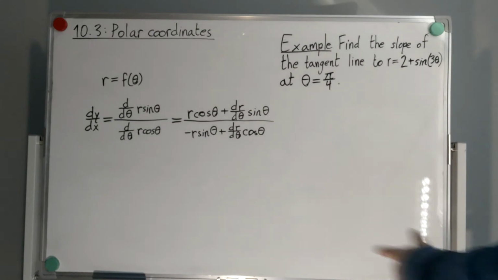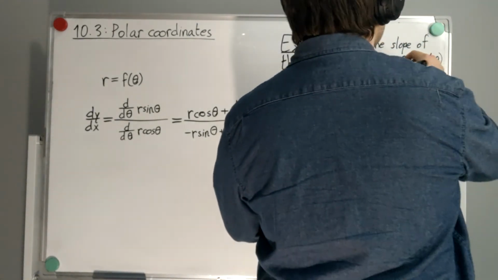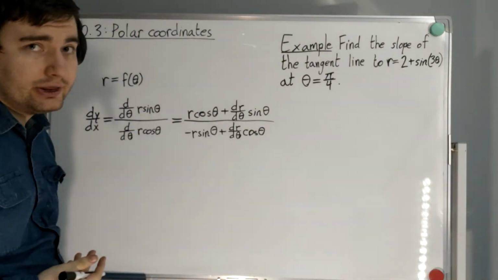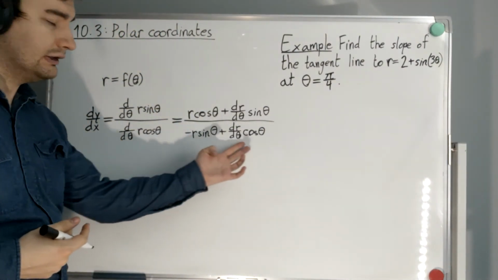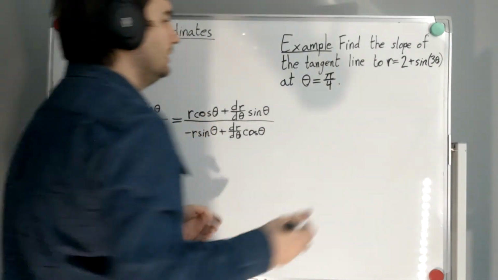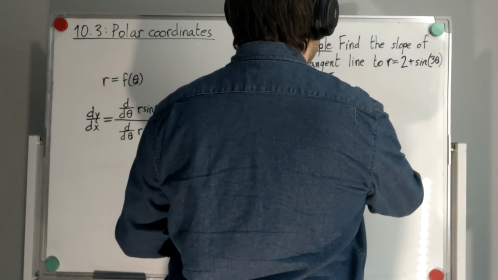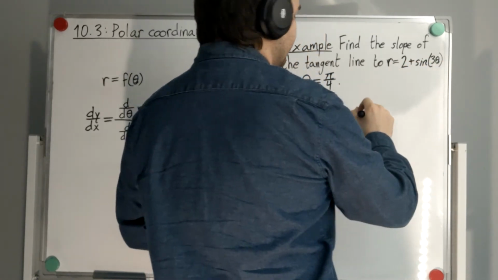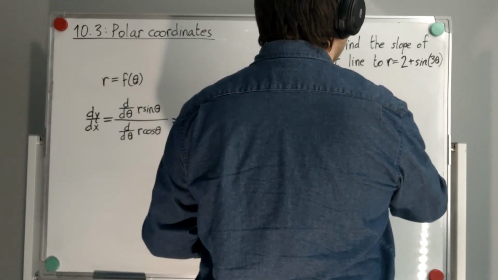Okay, so here's how it works. First of all, you take dr d theta, because that will be necessary to compute this whole thing. So dr d theta just happens to be 3 times the cosine of 3 theta.